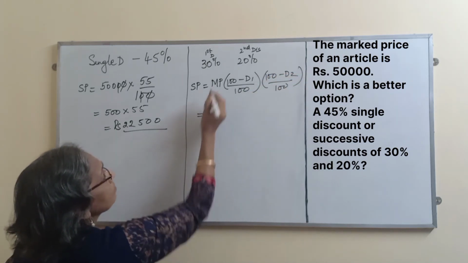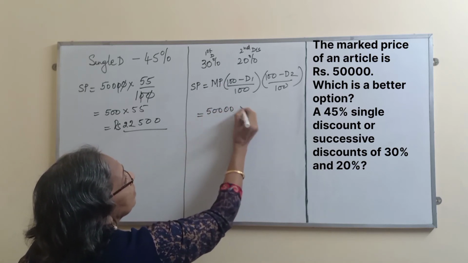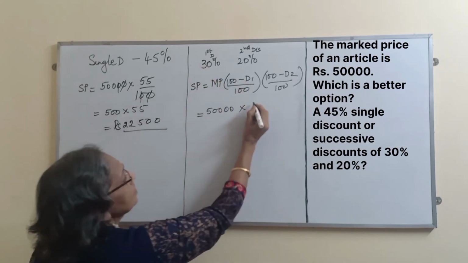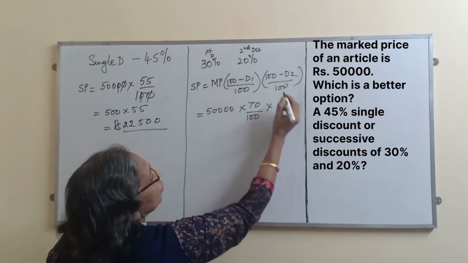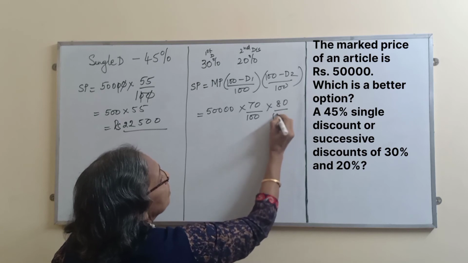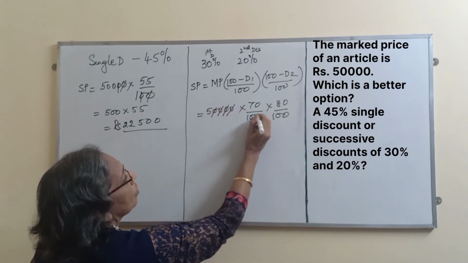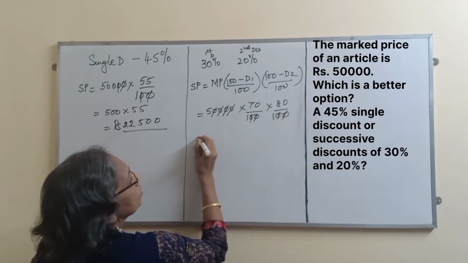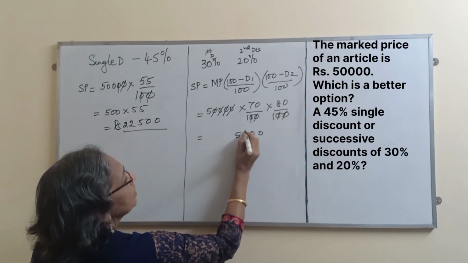Now let us see what happens. Marked price is 50,000 into D1, that would become 70 upon 100 and 20, so 80 upon 100. So I am left with this, 7 8s are 56.